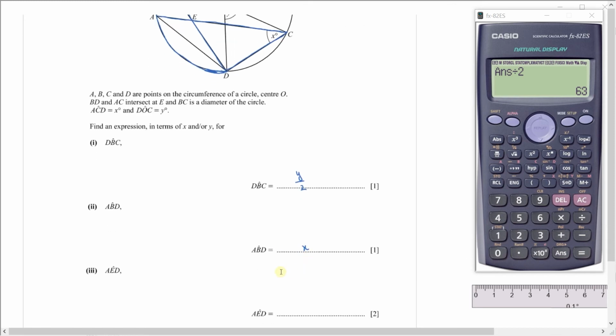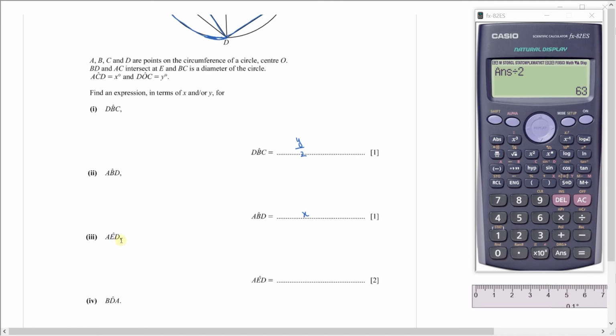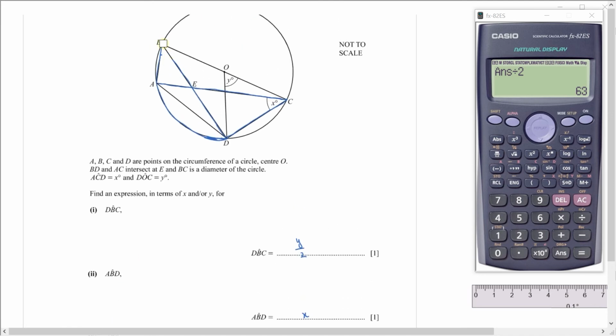The next is angle AED. So let me just erase this. AED is this angle here that we need to calculate. So now if I look at this triangle ECD, this angle is 90 degrees because it is subtended by this diameter.